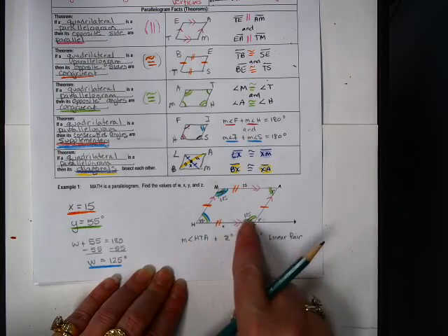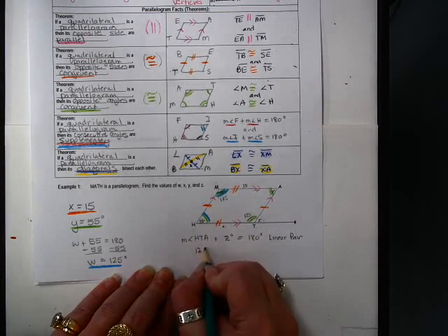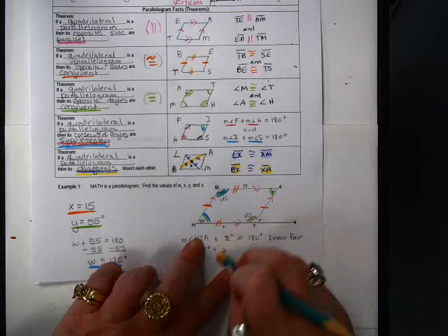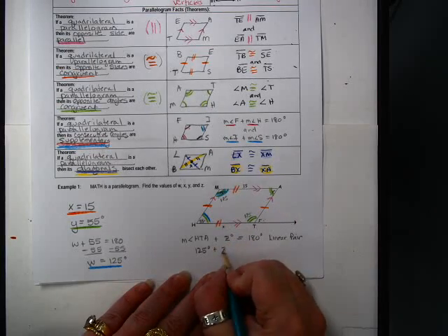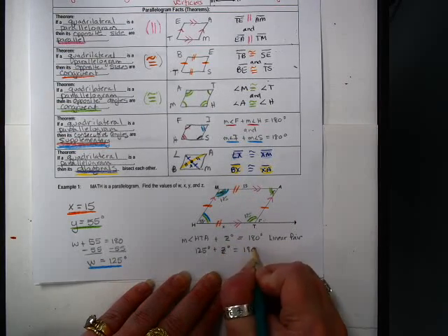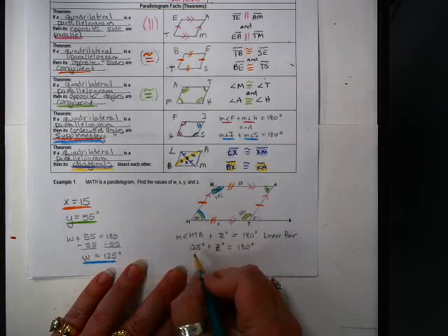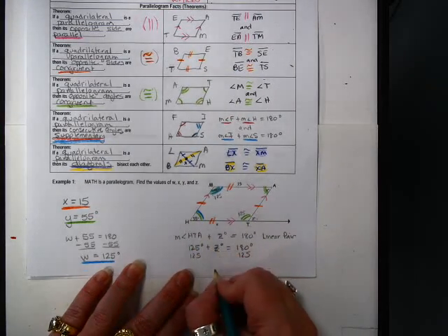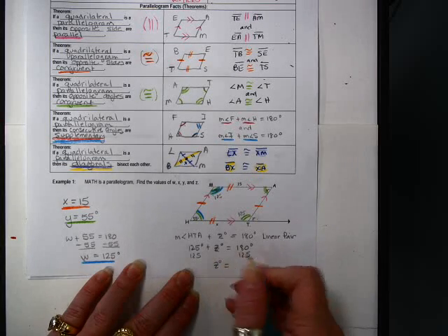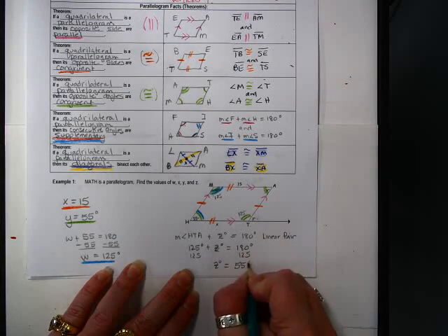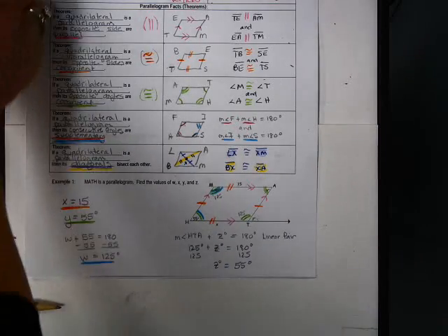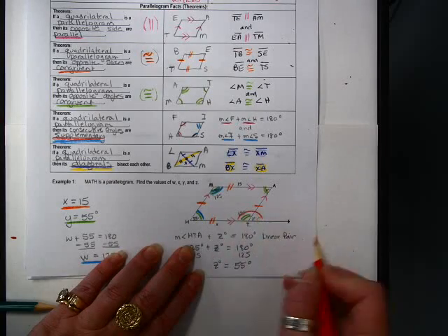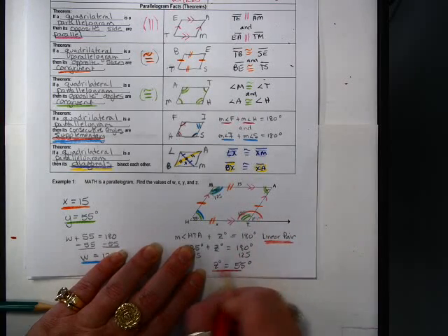I know that HTA, that's 125 degrees, plus Z, which I don't know yet, equals 180 degrees. Now subtract 125 from both sides, and guess what? Z, we've seen this number before, equals 55 degrees. Okay, so I'm going to highlight that linear pair. This was a linear pair, right here in red, and that's where that came from.